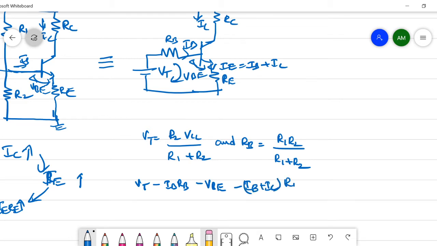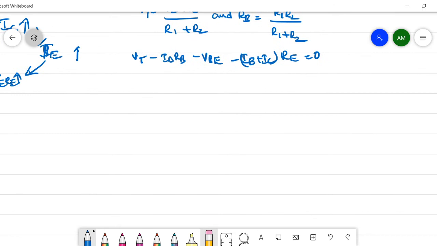From this equation you have to find the value of IB. So Vt minus IB RB minus VBE, multiplying out, minus IB RE minus IC RE is equal to 0.